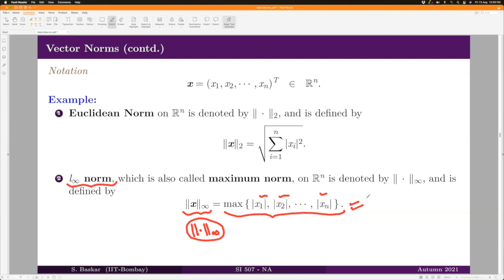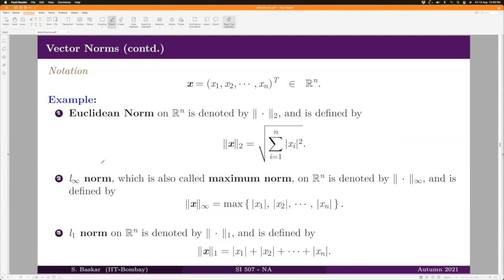Thereby, it is not going to give you physically the same value that this formula gives, and therefore it's not going to exactly define the distance between x and 0, but it also satisfies all the key properties that the distance function satisfies. In that way, we will not call it as distance, but we will call it as norm. Okay, so this is also a vector norm. That's all we will say. And it is called L infinity norm.